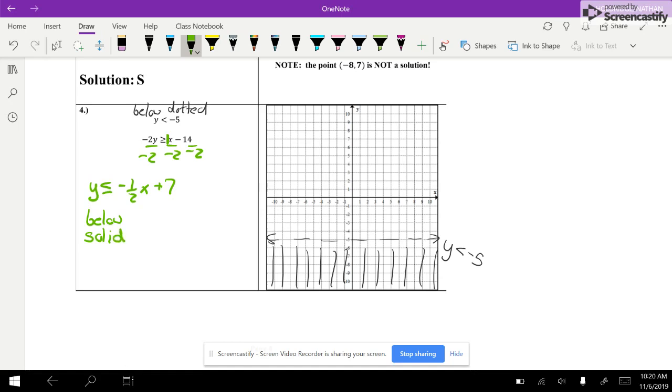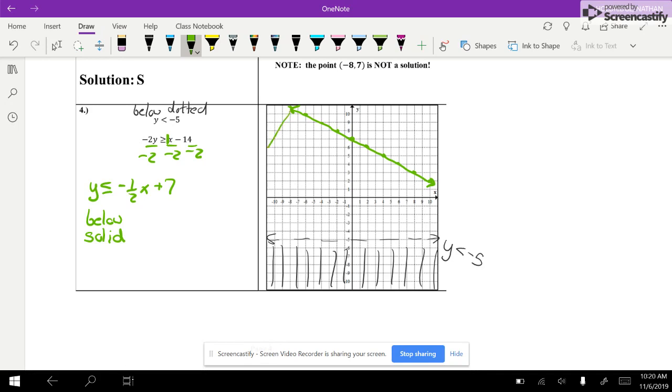Okay, let's do it. So I've got a y-intercept of 7. I have a slope of -1/2, so I'm going to go down 1 over 2, just like so. Okay, perfect. I know it's going to be solid, so I'm going to write that in. Very nice. And I know that I'm shading below it.